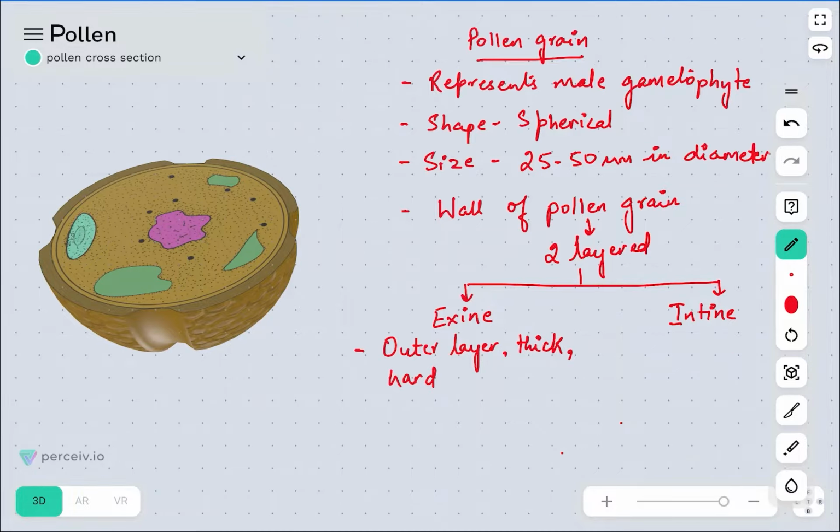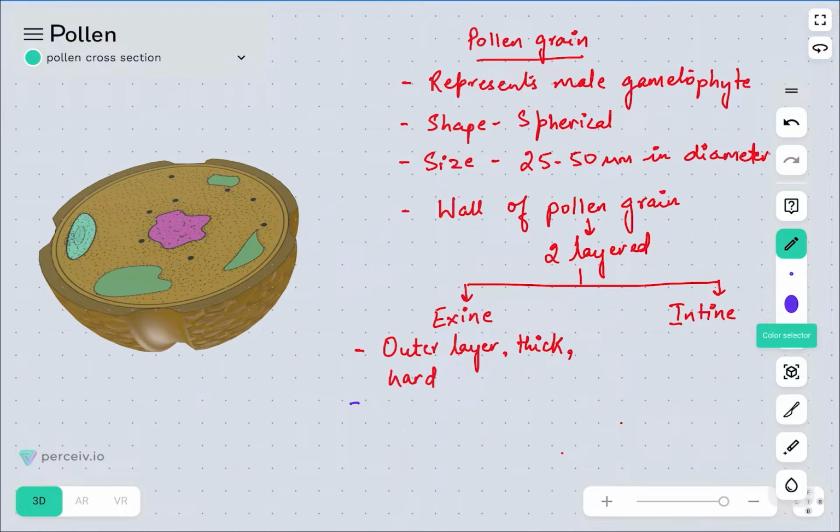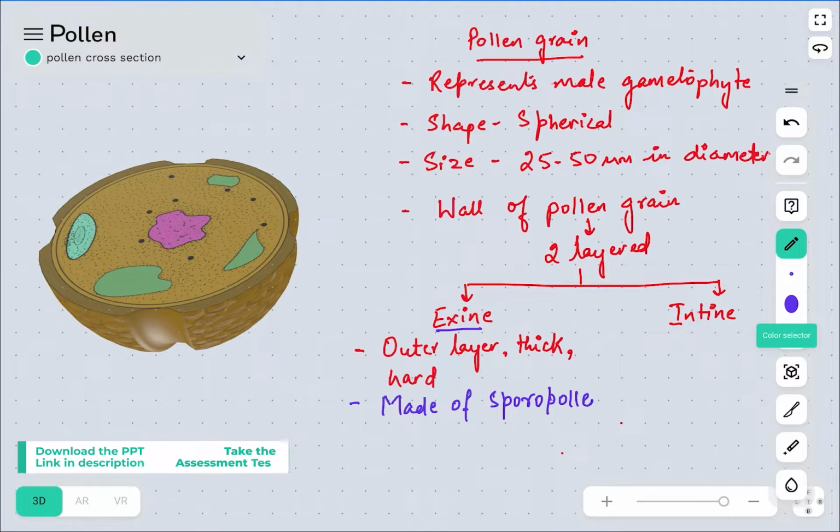The important point is that the exine layer is made of sporopollenin, a very resistant chemical substance. Sporopollenin is the chemical constituent that makes up the exine layer of the pollen grain.